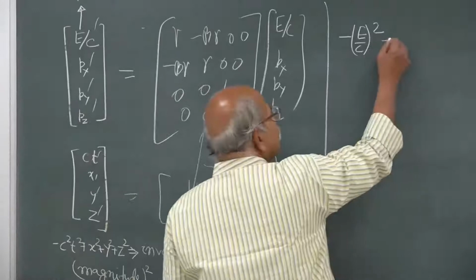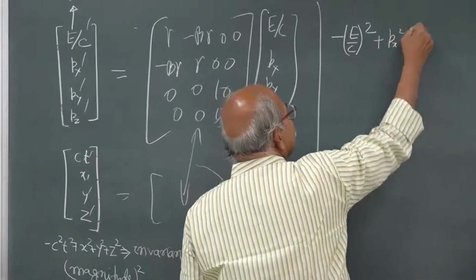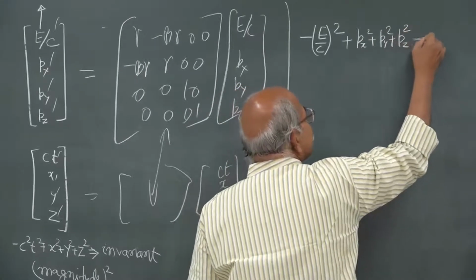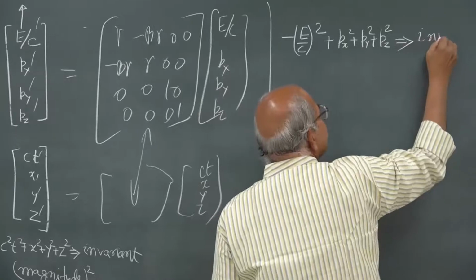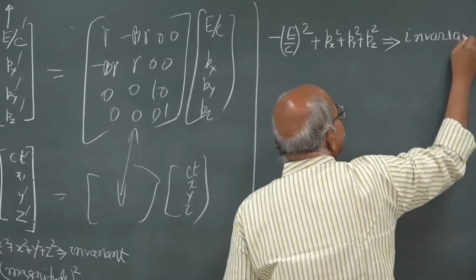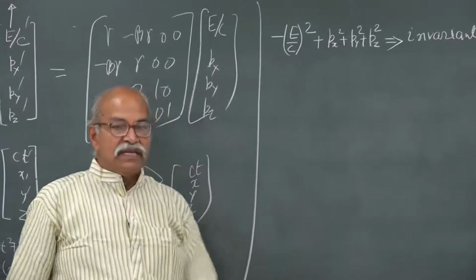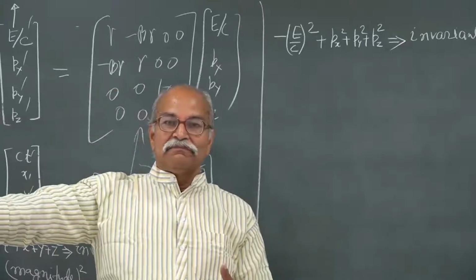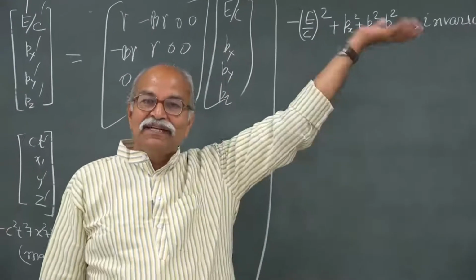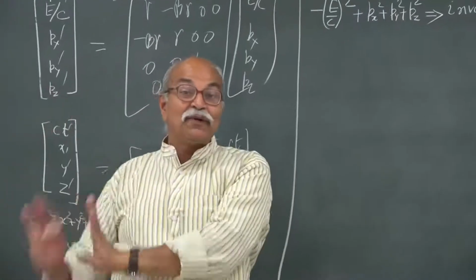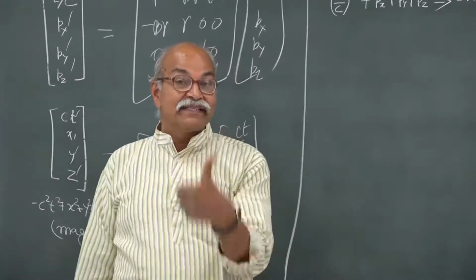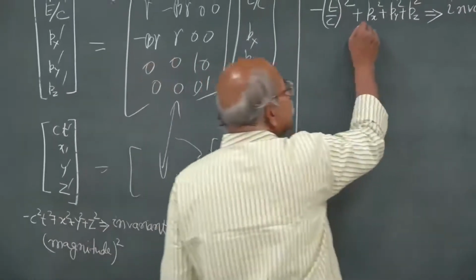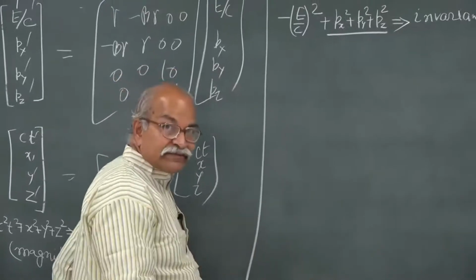So, this plus Px square plus Py square plus Pz square is that length square, and this remains invariant. When you do the Lorentz transformation of x, y velocity components, from there you can write the linear momentum and total energy and all those things, but without doing all that algebra, I can state that this quantity is going to remain constant, and this is the magnitude of the linear momentum square.